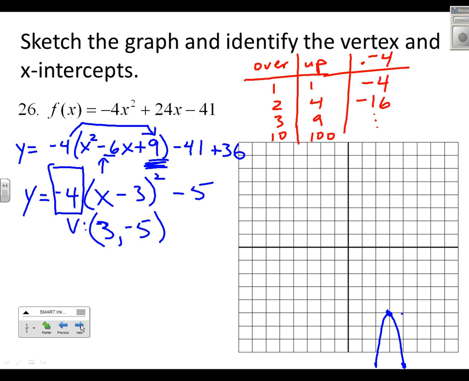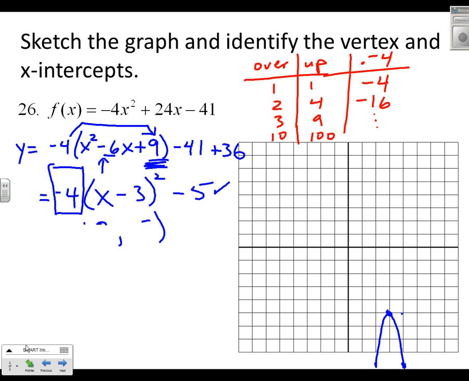Let's go through this process of what we would do if we were going to solve this equation, set this equation equal to 0. Give myself a little bit of working room here. So if I was going to set this equation equal to 0 and solve that for x, I would get x minus 3 squared.